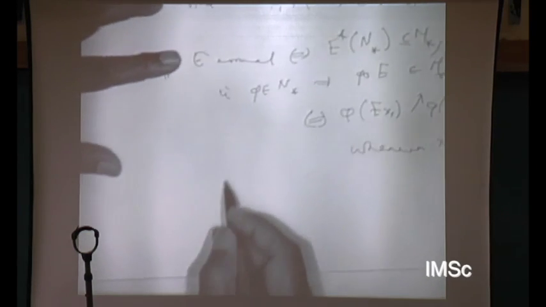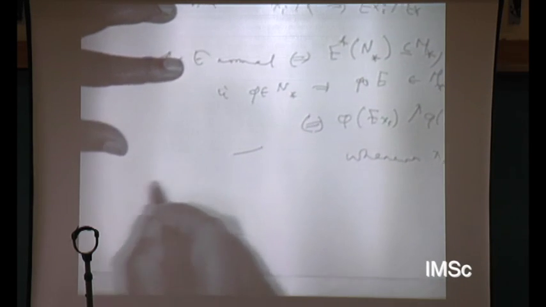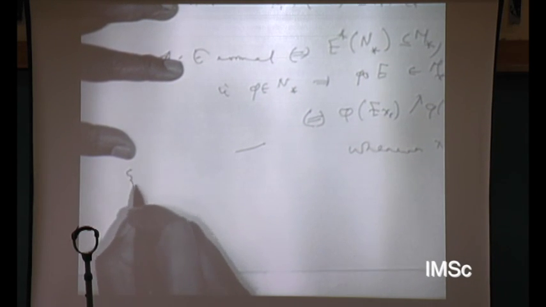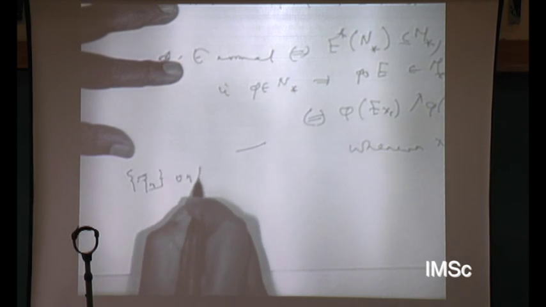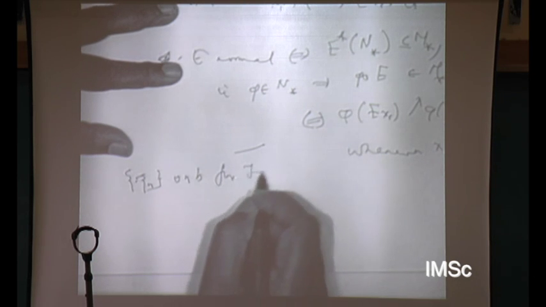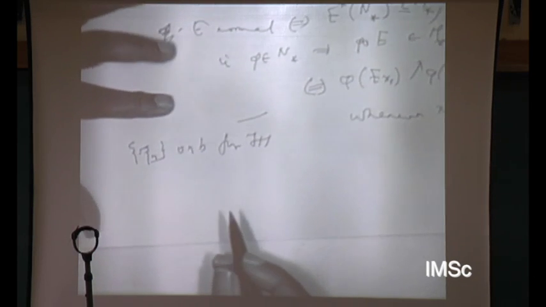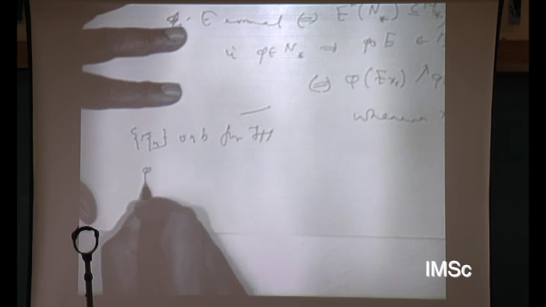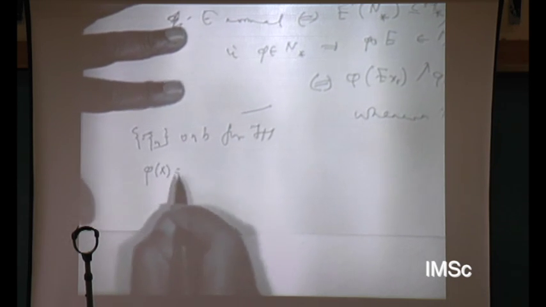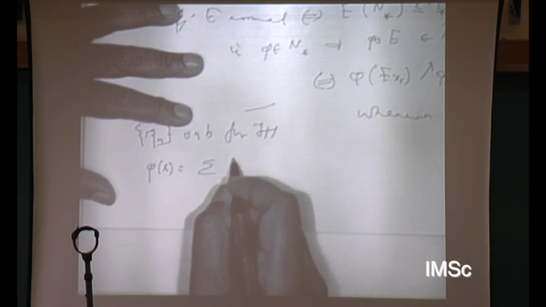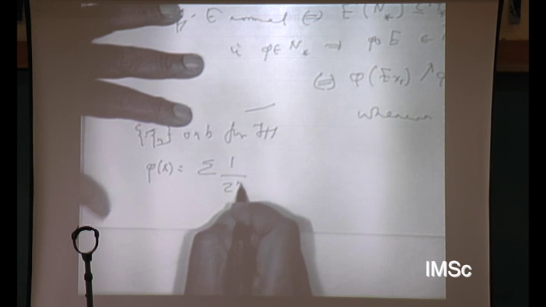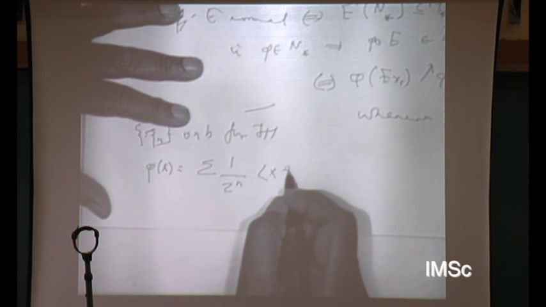Why? I just, as I stopped the last time, suppose psi n is an orthonormal basis. Let me define phi of x equal to the summation of 1 over 2 to the n times x psi n, psi n.